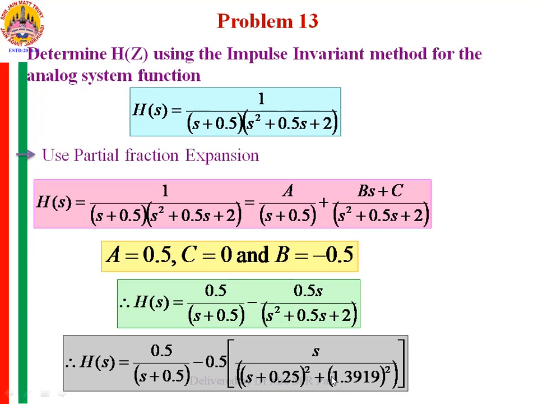Just operate and check out whether you get the same or not. Take 0.25 square and subtract it from 2 and take the square root of the answer. Are you getting 1.3919?